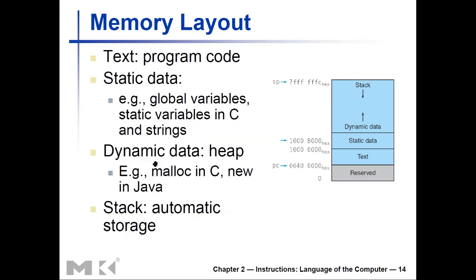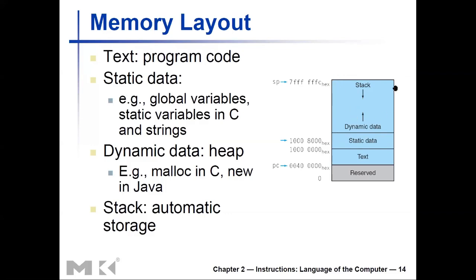And the memory allocated by malloc and new in Java, that data is going to be stored in the dynamic data part, and that part actually goes from a lower address to higher address, and the stack and heap are going to be in the same portion, but the stack goes from the higher address to the lower address, the heap goes from the lower address to the higher address.